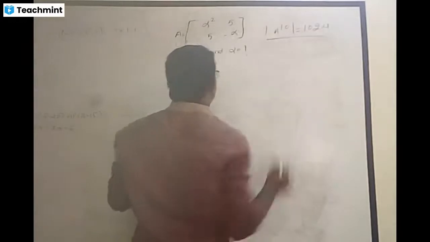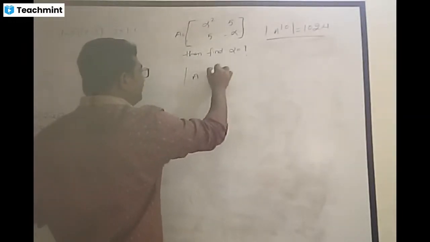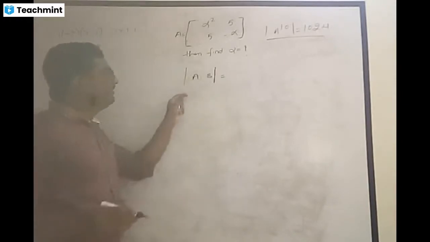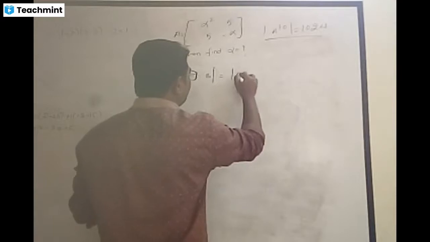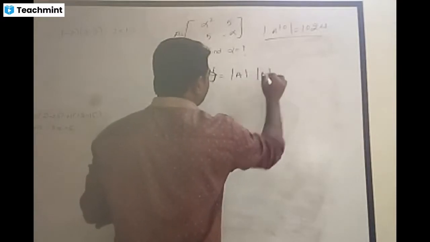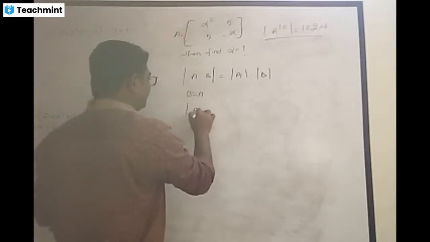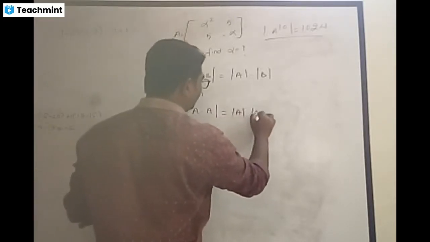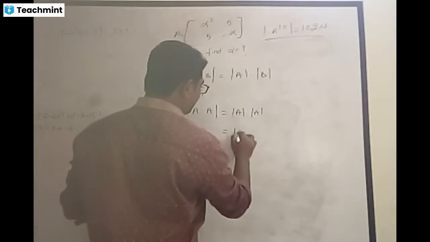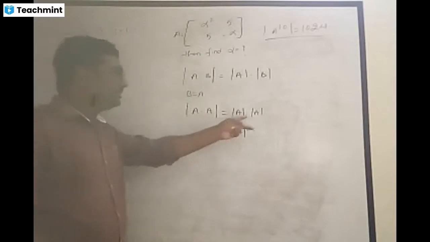We have some property. Observe, we have A into B. The determinant of A into B we can write as det A into det B. Suppose B equals A, then det of A into A equals det A into det A, which is det A square, like x into x is x square.